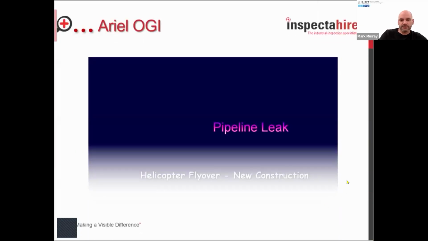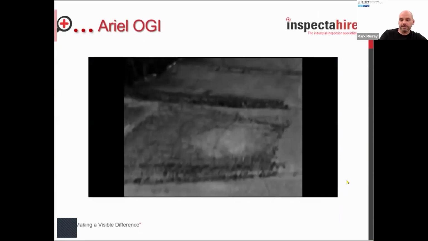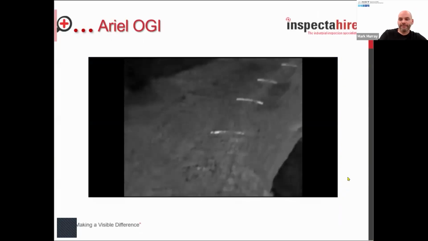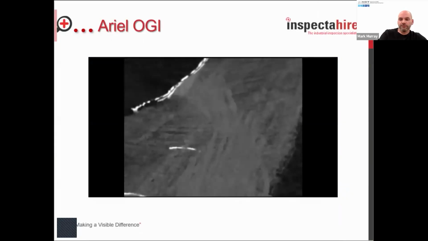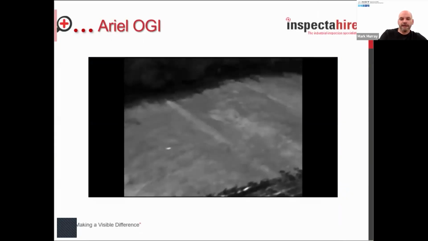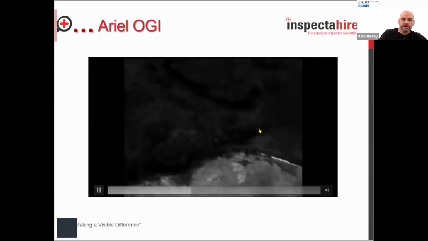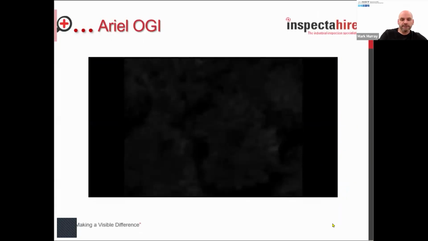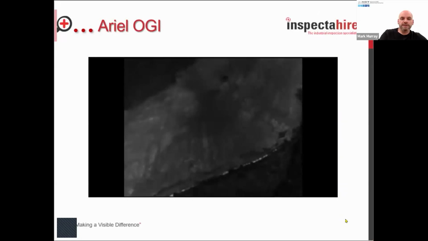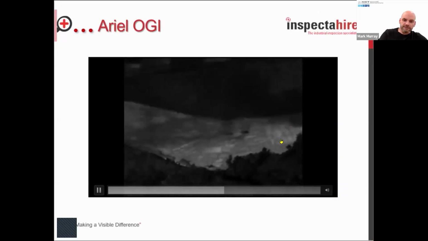So this one was a cracker. This is a large leak detected by flow instrumentation. So they knew they had a leak. It's from a helicopter, so I apologize for the mad jumping about. But you get the idea. You can see it very clearly.